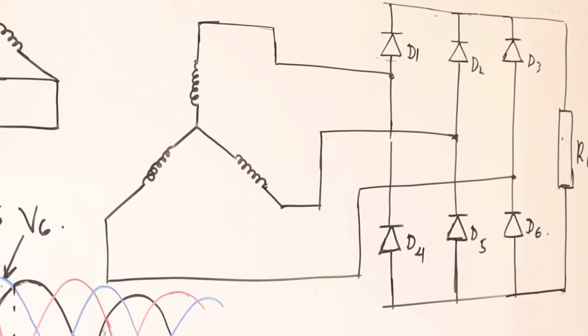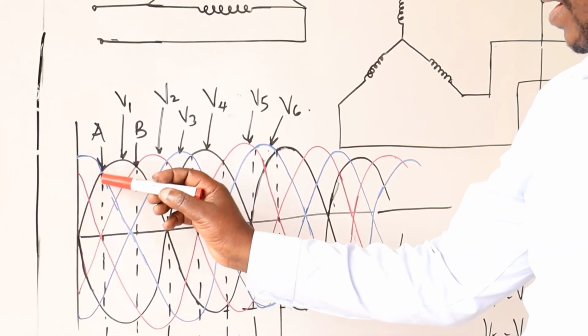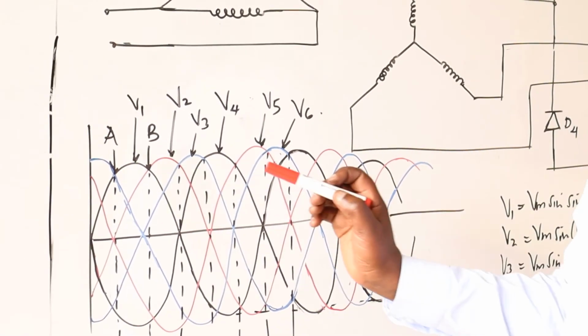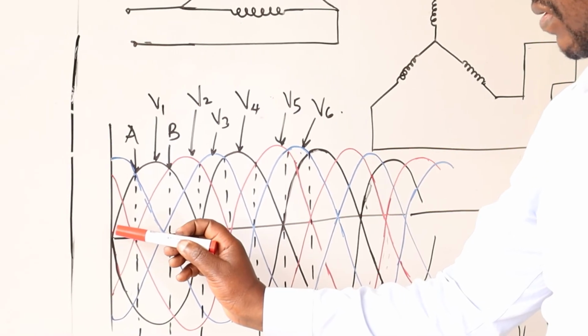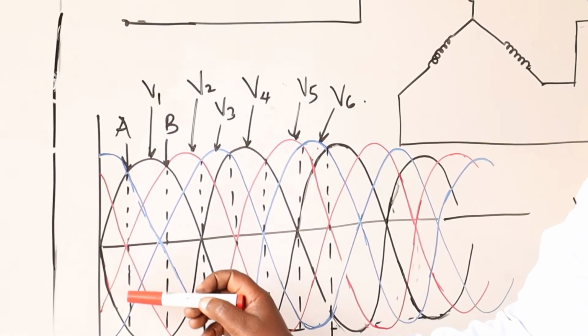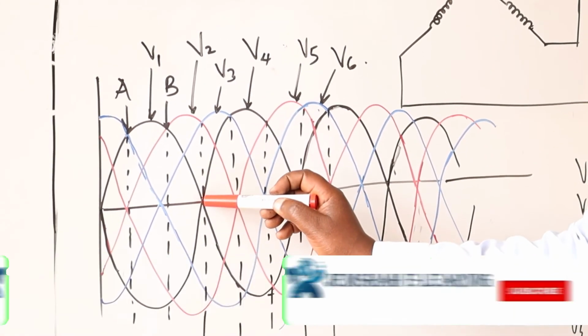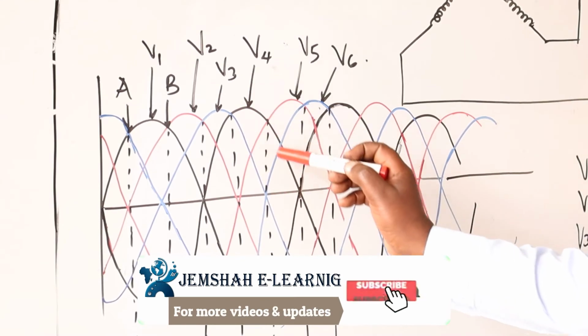So when it comes to drawing, we know that our voltage V1 and our voltage V4 will always be starting at the same point and going back to 0 at the same time.